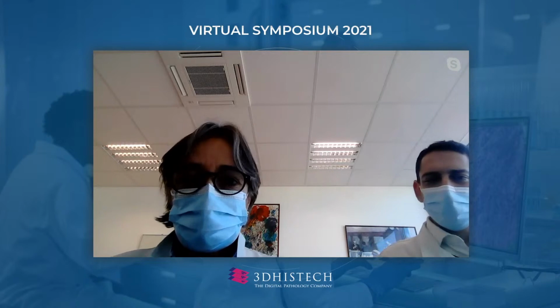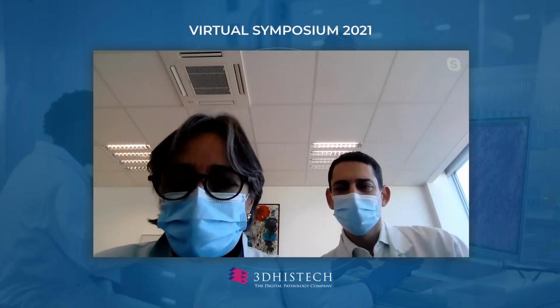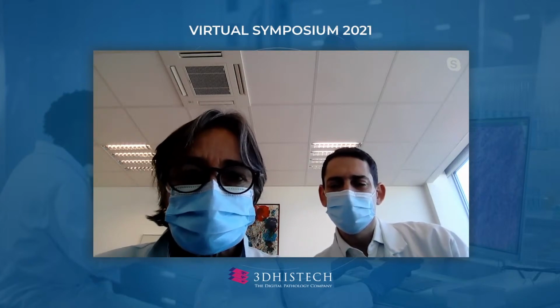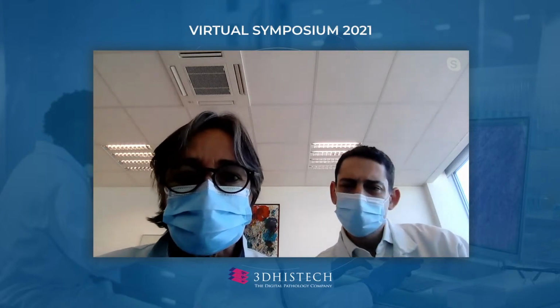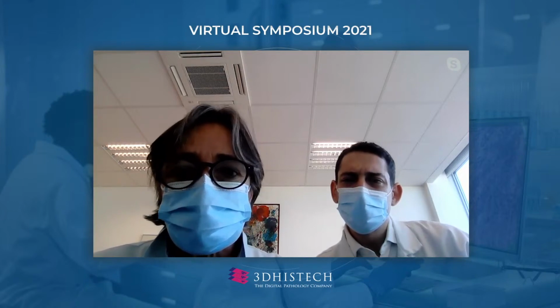Okay, so thank you for the questions. The first one is what additional therapeutic effect can be the result of an AI in making an even more accurate diagnosis? In what cases can the result of AI be most relevant?